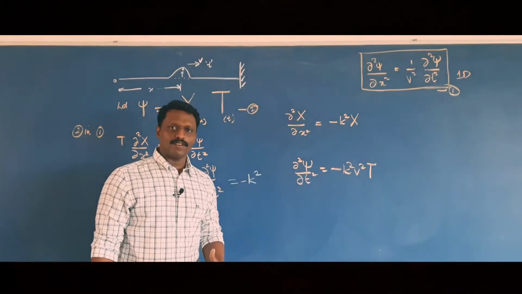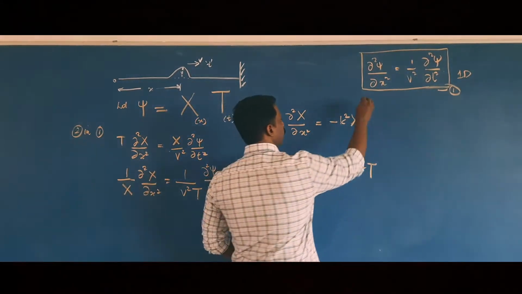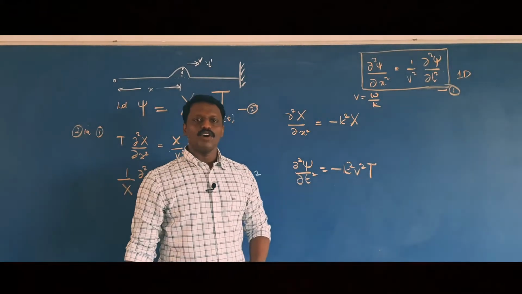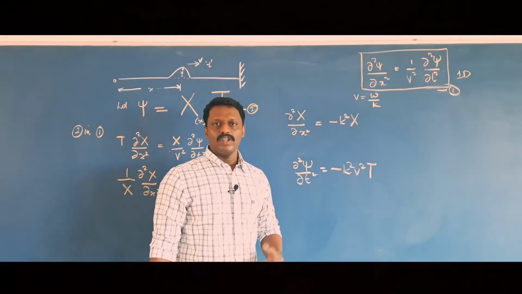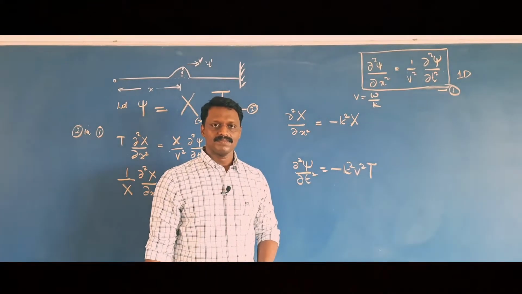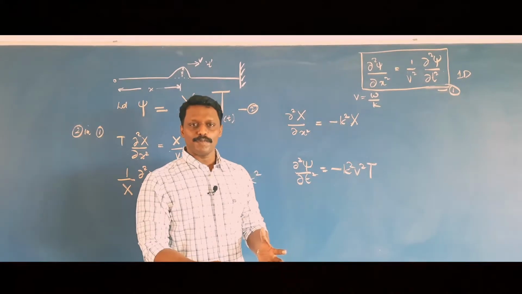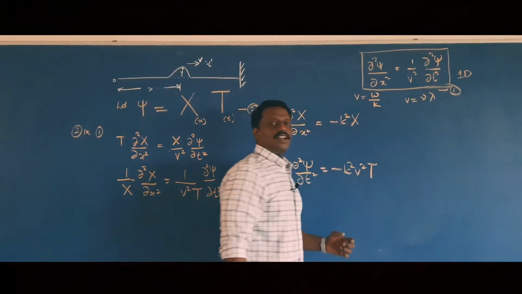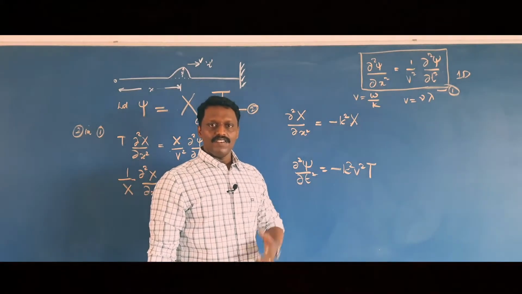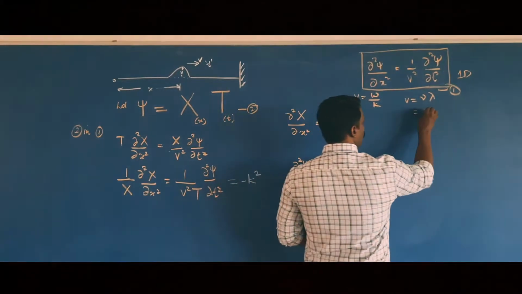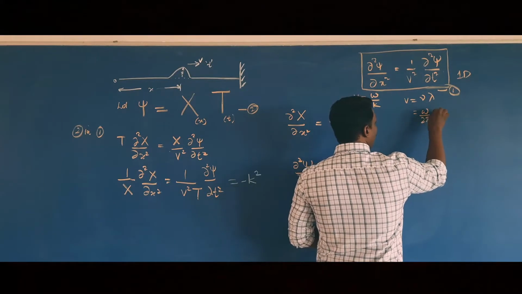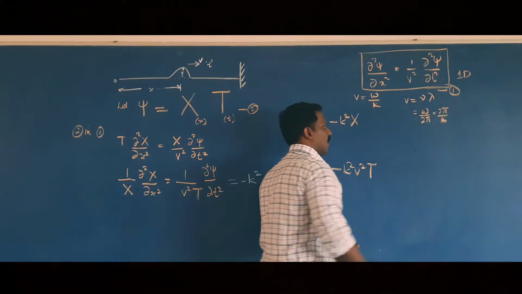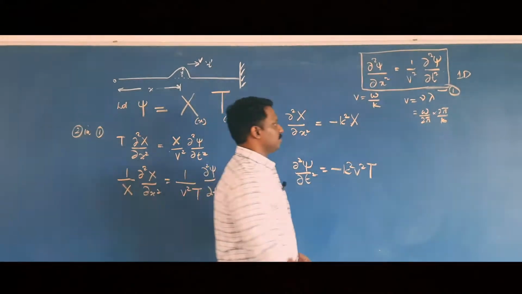Now from the basics of wave equation, we know that the wave velocity can be represented as the ratio of angular frequency to the propagation constant. This comes from the fact that velocity of wave is frequency times wavelength, νλ, where the frequency ν can be written as ω over 2π and λ, in terms of the propagation constant, can be written as 2π over k.